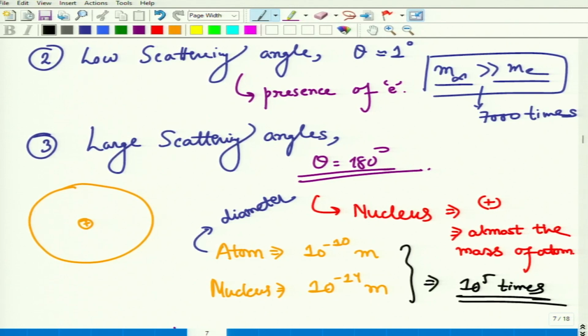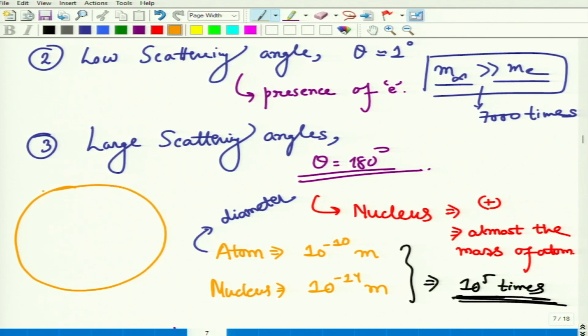That means the nucleus centered in the atom occupies a space of 1 in 10 to the power 5, that means 1 in 1 lakh.